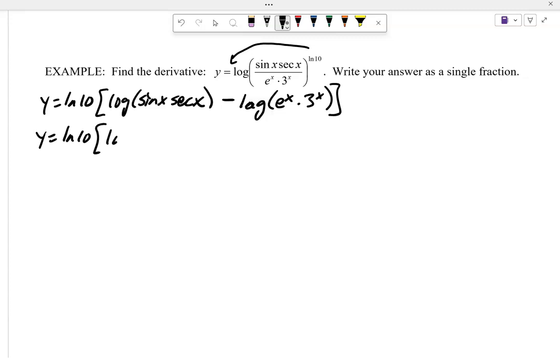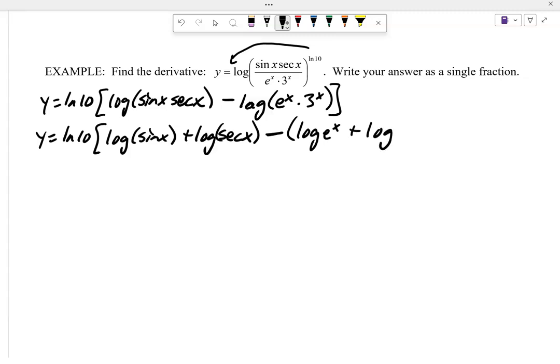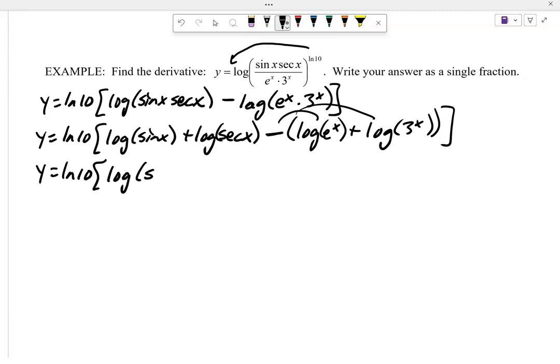Now I'm going to split that up. So log of the sine plus log of the secant minus, I'm going to split this up, log of e to the x plus log of 3 to the x. So that minus will go through to both of those. Okay. So we get y equals ln of 10 log sine.